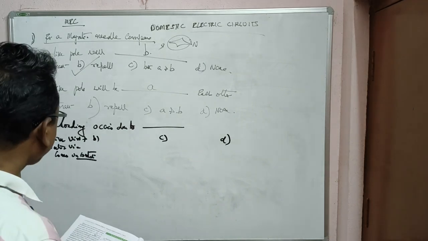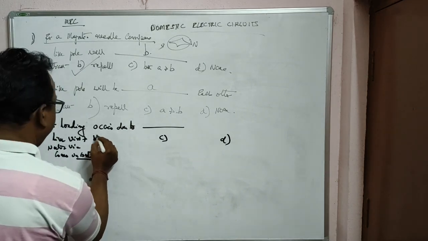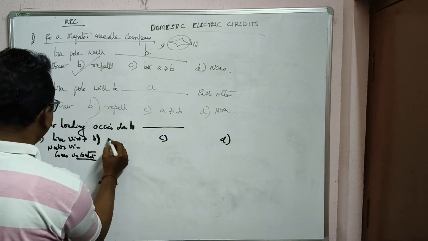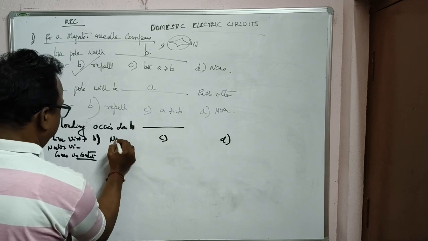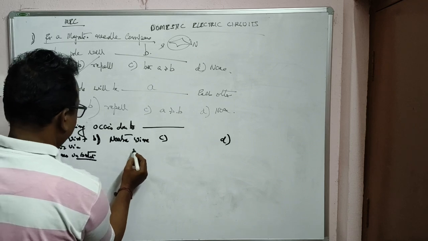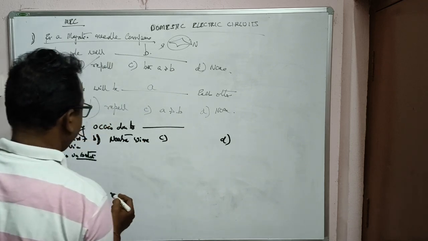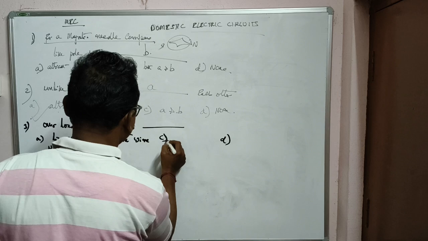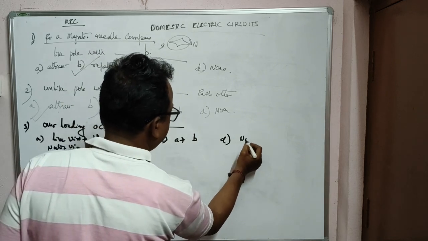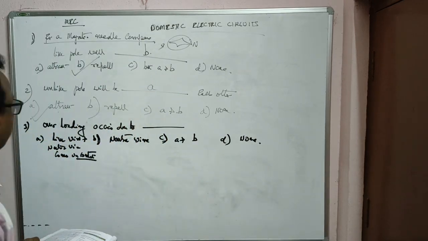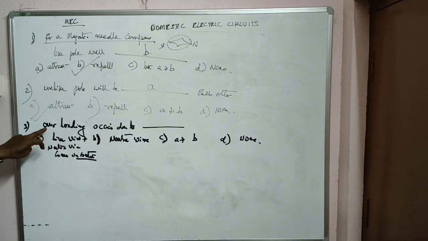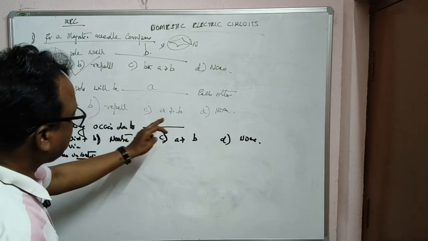A. B, neutral wire. C, A and B. D none. So for this question, the choice is given in this fashion. Overloading occurs due to dash.